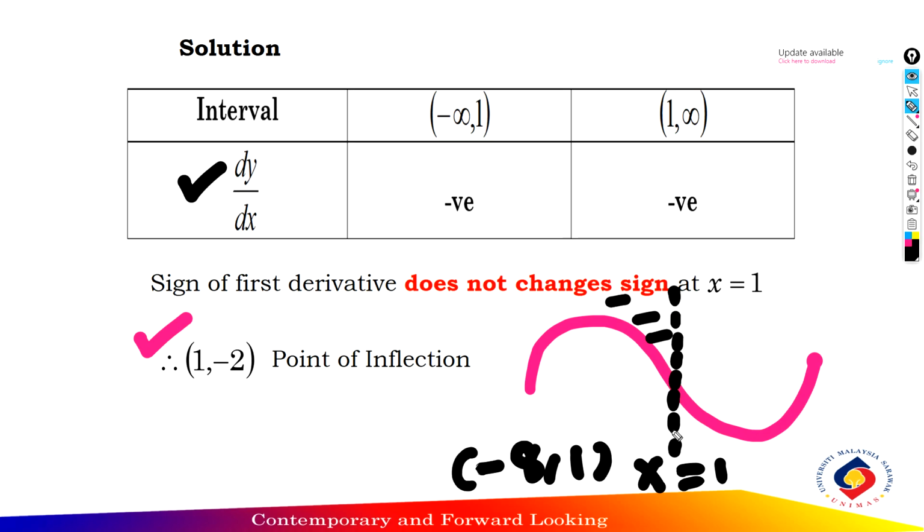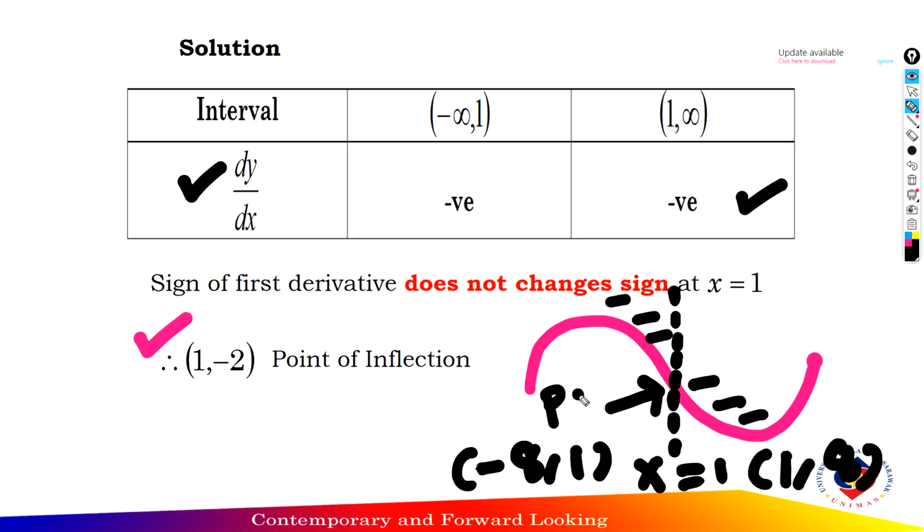And after x equals 1, in the second interval 1 to positive infinity, you check the sign, negative, so the gradient of the tangent decreases to positive infinity. So the sign of the first derivative does not change at x equals 1, and the inflection point exists at x equals 1, negative 2.